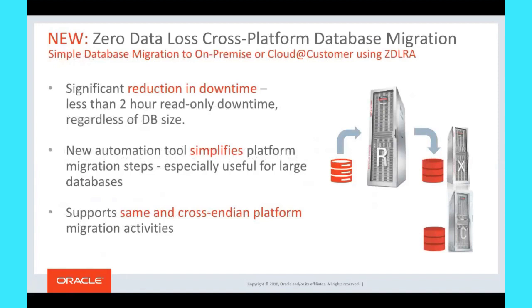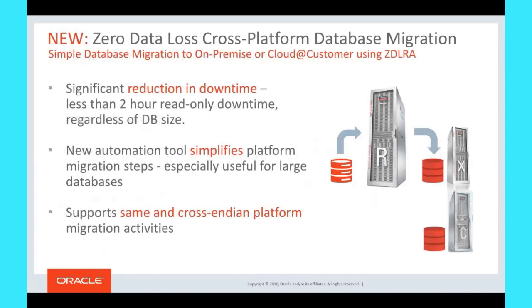We also have, with the Recovery Appliance now, an automation tool which simplifies these steps for large numbers of data files and large numbers of databases. The script wraps up all the needed RMAN commands, as well as the metadata Data Pump export and import commands.